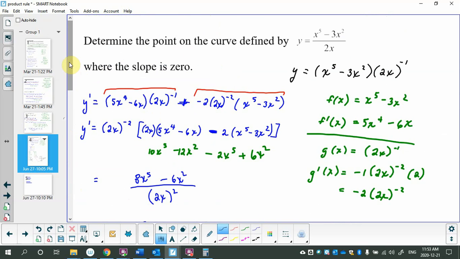Got to read it a number of times because there's so much going on here. So determine the point. So it was really smart that this question maker, not necessarily me, knew that it was only 1 point, even though we came out with 2 x values. Determine the point on the curve, where the slope is 0.